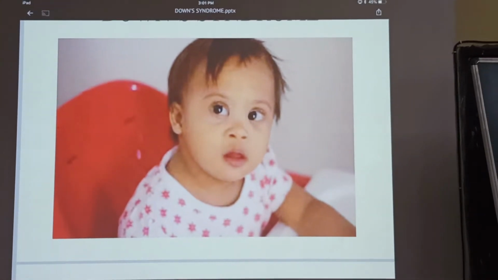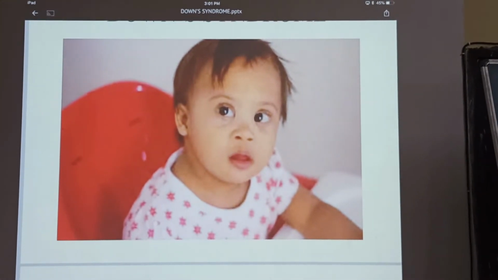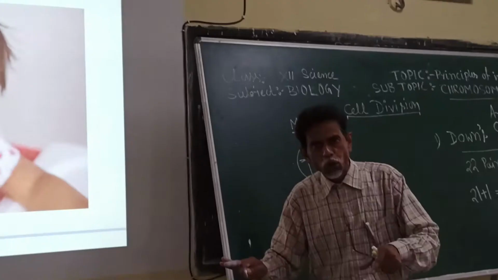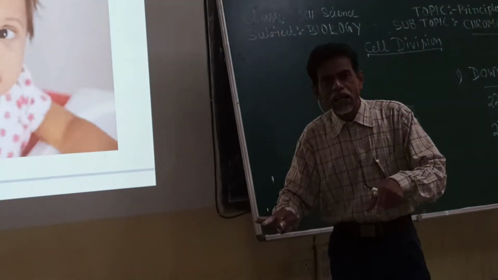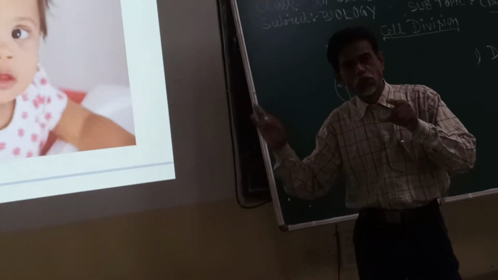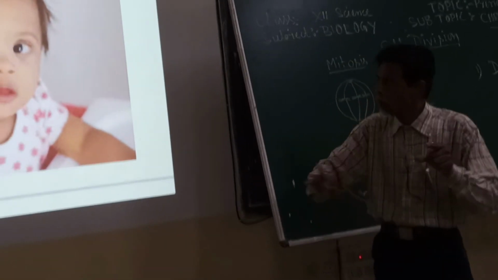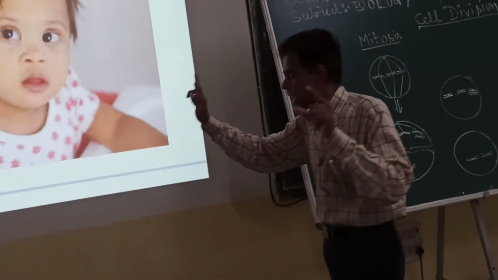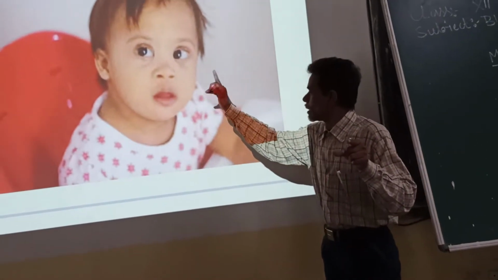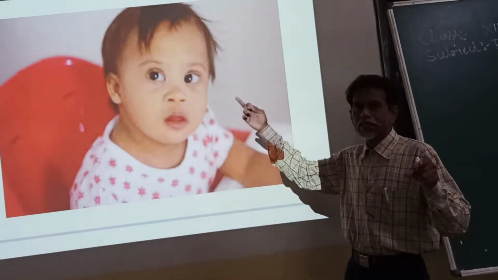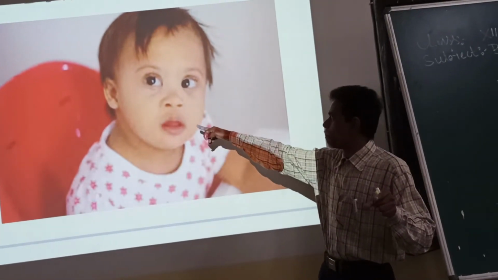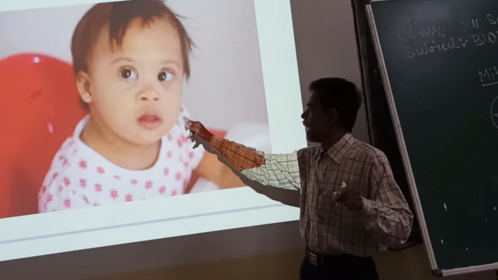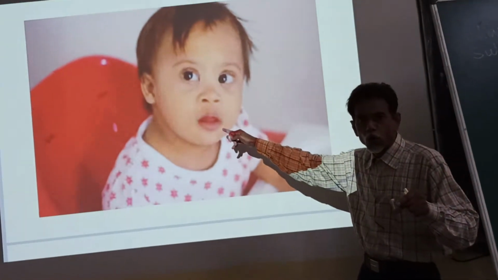In addition to that, the most important thing is they have psychomotor, physical and mental disorder. Is that clear to you? So the facial appearance itself, you can see the open face, small round head, and furrowed tongue.